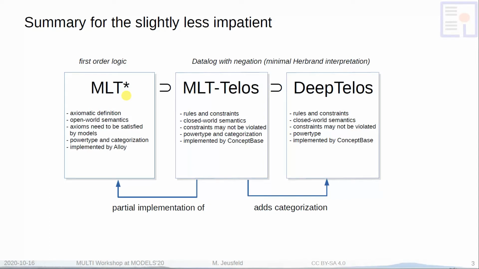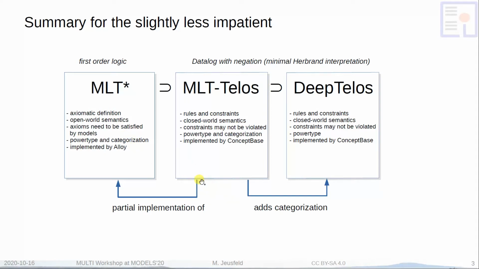The theory is the combination of all the axioms. Of all these infinitely many models, all need to satisfy the axioms in order to be models in this multi-level theory. It uses a power type predicate, and in addition it also uses categorizations like partitions. It has been implemented, among others, with the Alloy system, which supports open world semantics.